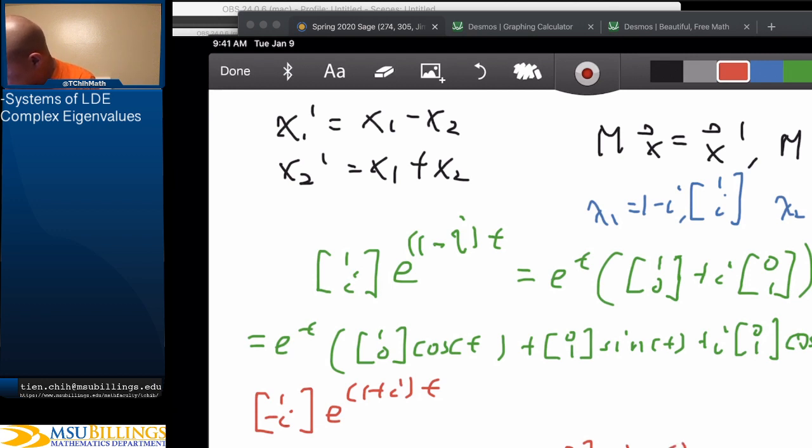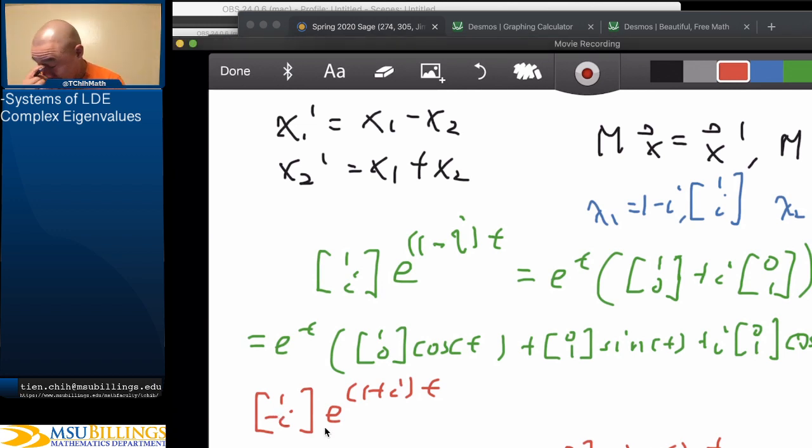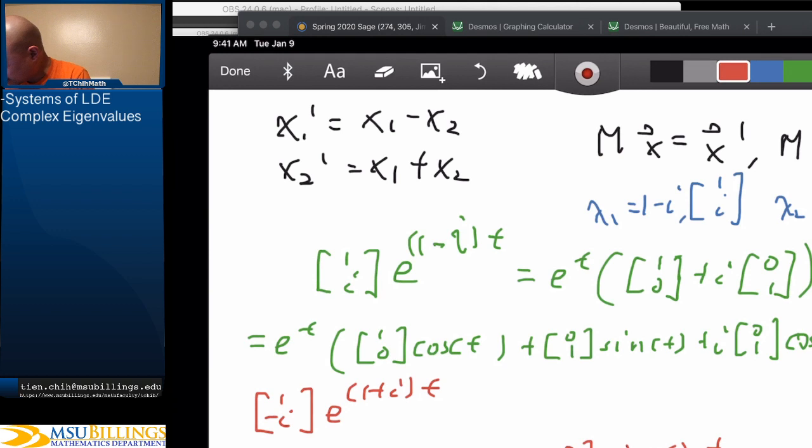I'm just skipping over the intermediary step, basically. And then, see, 1, 0 against the positive i sine gives me plus i, 1, 0 sine of t.